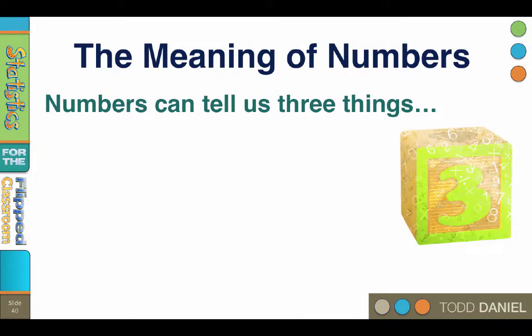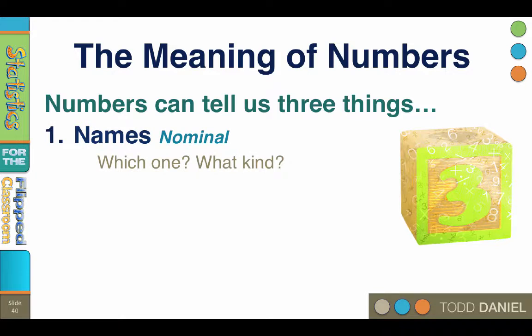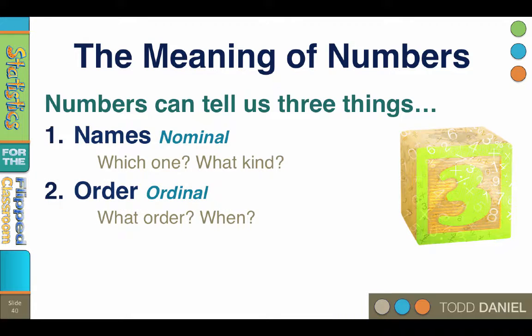Here's a quick aside about levels of measurement. Numbers can tell us 3 things. Numbers can stand for names and tell us which one or what kind. So 1 equals male and 2 equals female. These are nominal variables. Numbers can represent an order, such as first place, second, third, etc. These are ordinal variables.